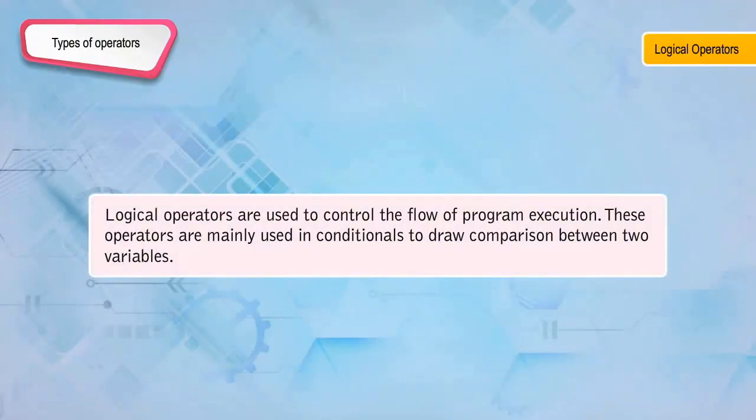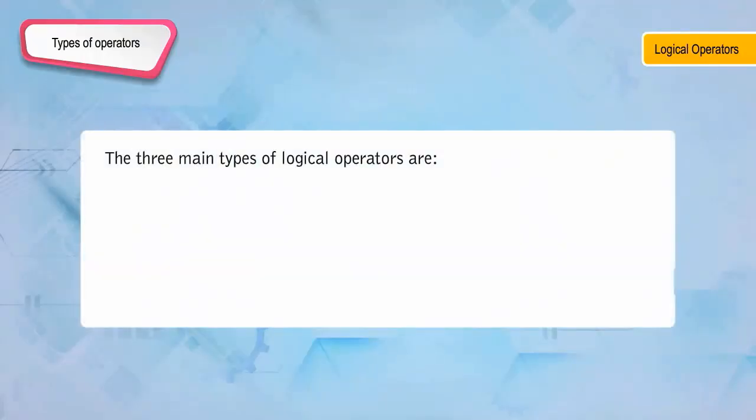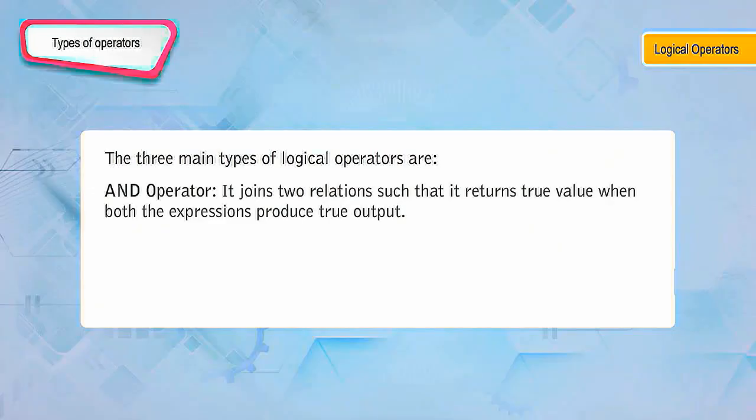Logical operators. Logical operators are used to control the flow of program execution. These operators are mainly used in conditionals to draw comparison between two variables. The three main types of logical operators are: AND operator. It joins two relations such that it returns true value when both the expressions produce true output.